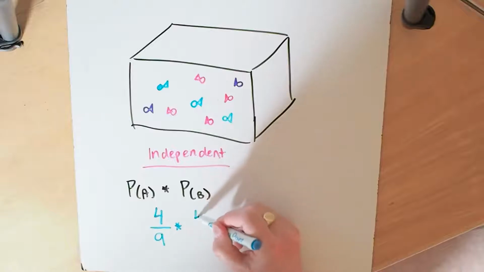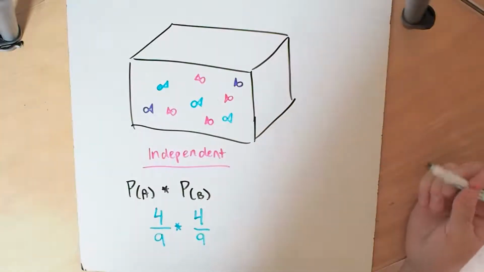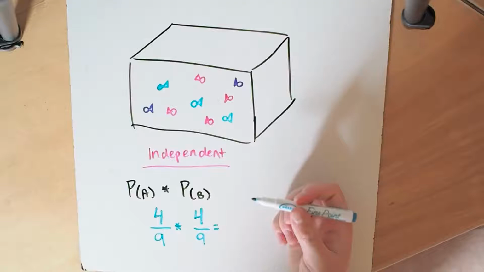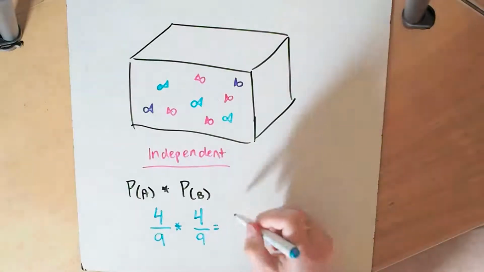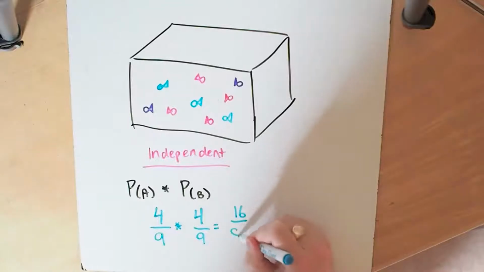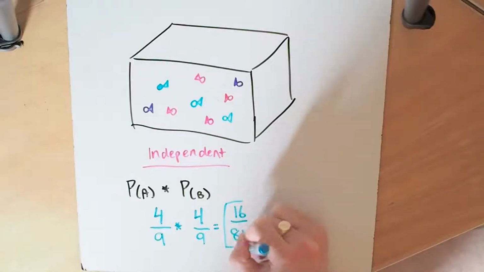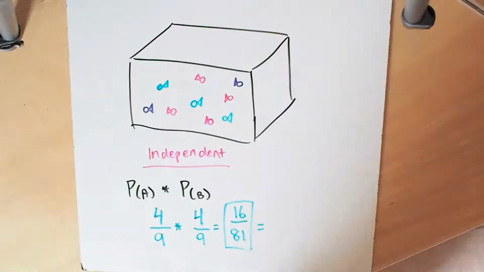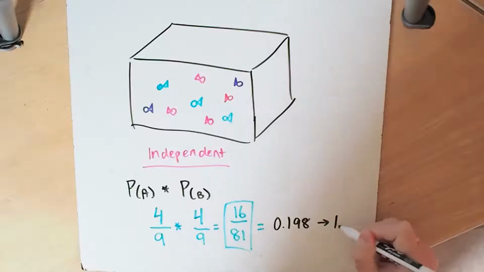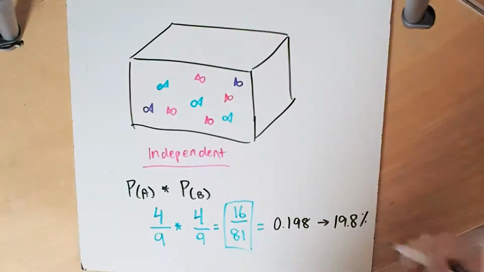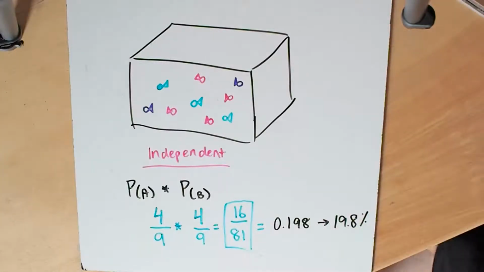There's still 4 pink fish in the tank, and there's still 9 fish total. So our probability of picking a pink fish twice, replacing it in between, is 16 over 81. That's our probability. And if we use our calculator to convert that, we'll get 0.198 or 19.8% chance of picking a pink fish twice, replacing it both times.